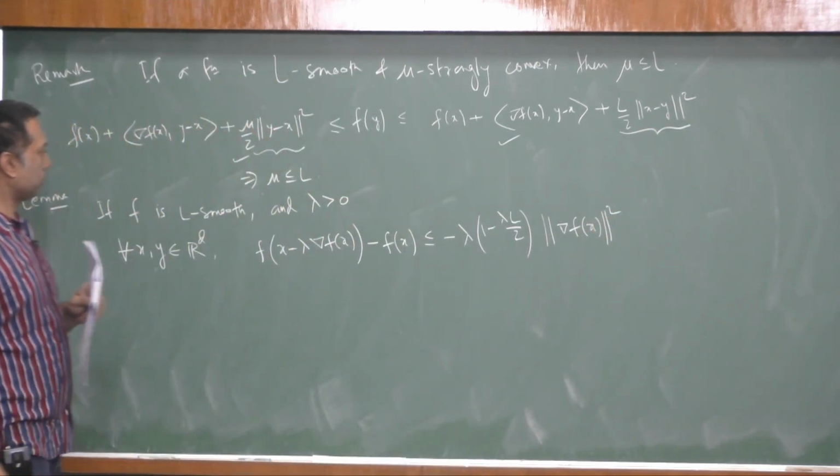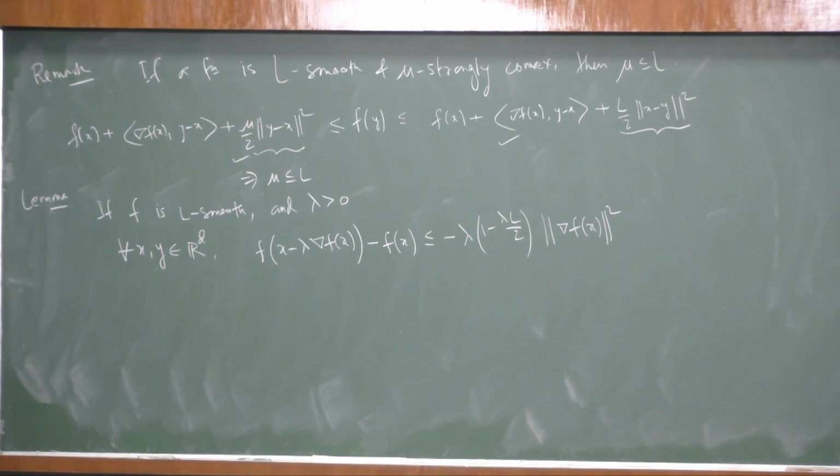Okay, so I'm not sure if I proved this in the last class. Do you recall if I proved this? Okay, maybe we didn't prove this, so let us try to prove this. These are called lemmas because these are the intermediate results that are used to prove the main theorem, okay.